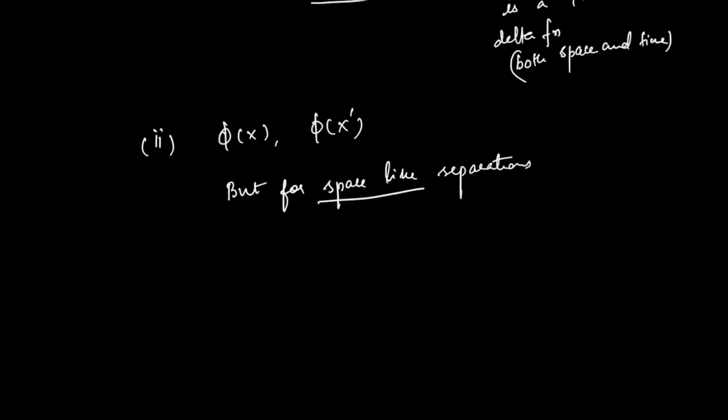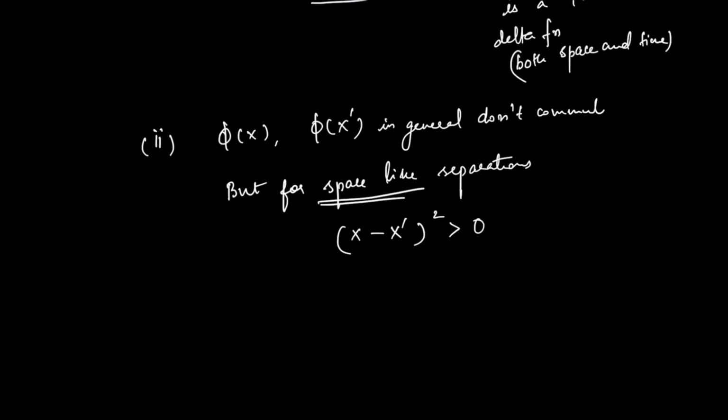So what is space like? Space like means x minus x prime whole square is greater than 0. Okay, so there is time like, space like, and light like. So here what I am going to say is that phi of x and phi of x prime in general don't commute at unequal time.